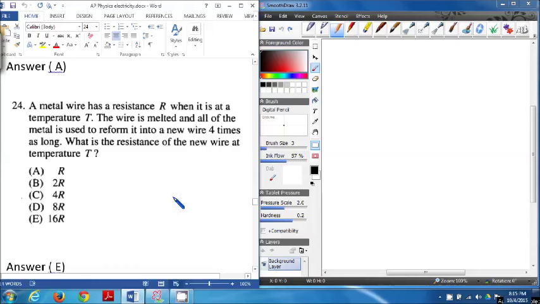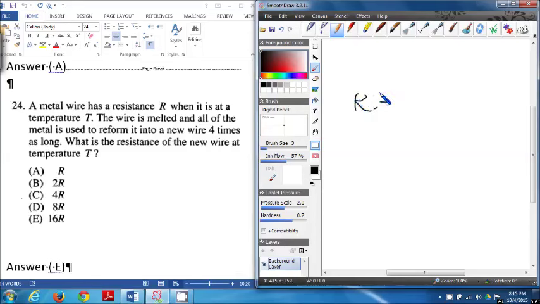Now the resistance is given by the resistivity, which depends on the material, times the length by the area.